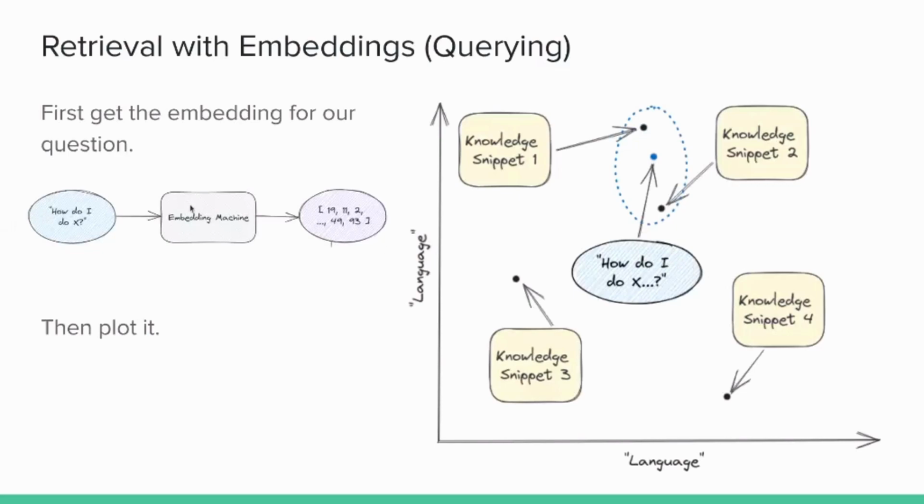I should say, the embedding machine isn't a complicated piece of technology that you write. It's an API call, or a function call if you're running the models locally. Then you get back these AI numbers. You plot those AI numbers, and then you do math to find the nearest knowledge snippets that match this term. That's how you use semantic search to pull out the most relevant knowledge with these embeddings.